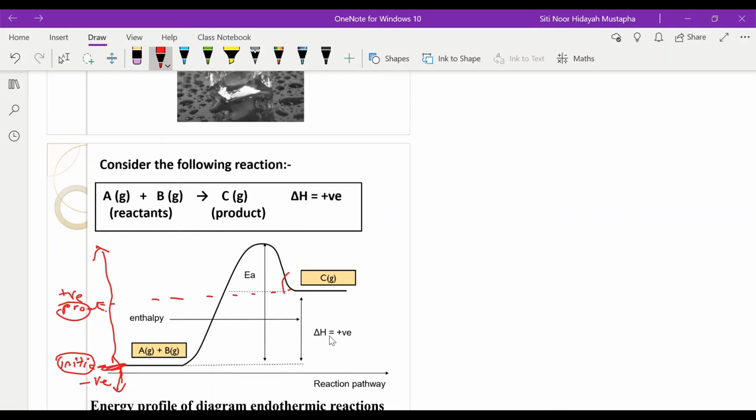So you can see that delta H is a positive value. That is the profile of an endothermic reaction. Again, if you write it down, for exothermic the product will be lower than the reactant. For endothermic, the product will be higher than the reactant.